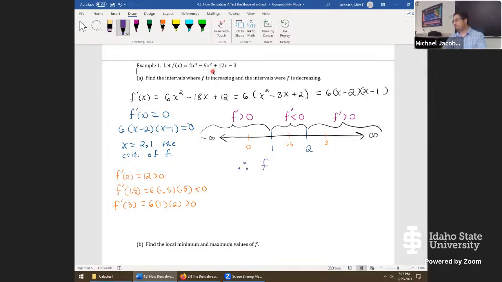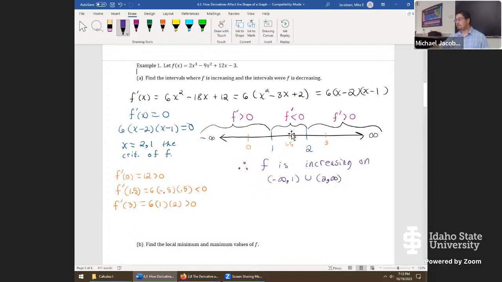That original polynomial f is increasing anywhere where the sign is positive. So it'll be increasing on negative infinity to 1, union, from 2 to positive infinity. So that's our first conclusion.